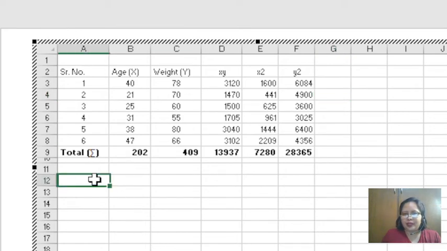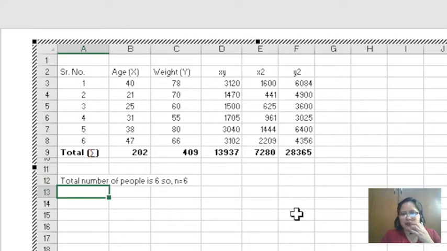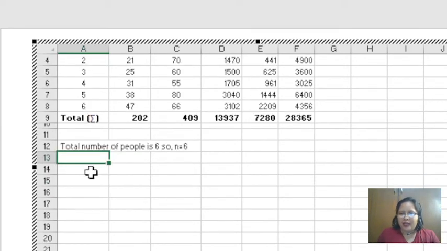So, we have to write the total number of people, which is 6. So, n is equal to 6, right? So, we have to compute the Pearson's r following the formula.